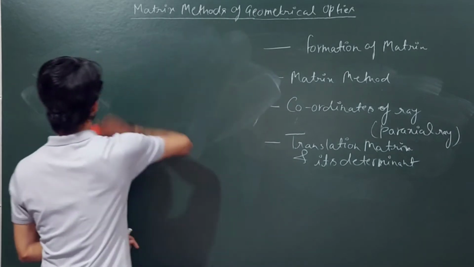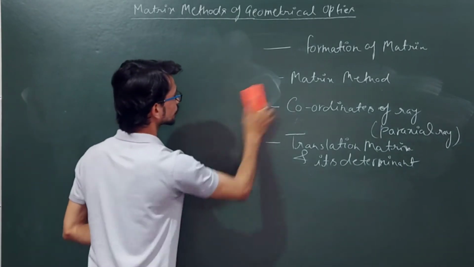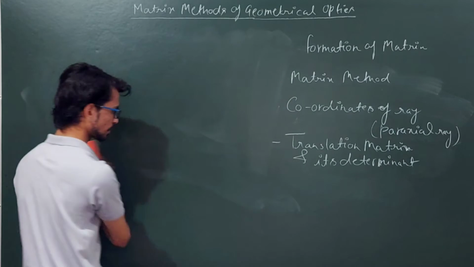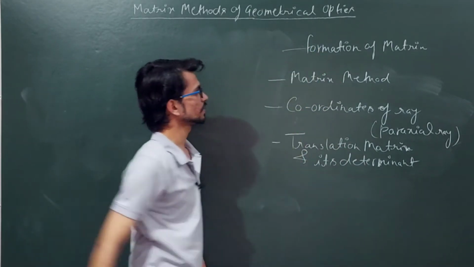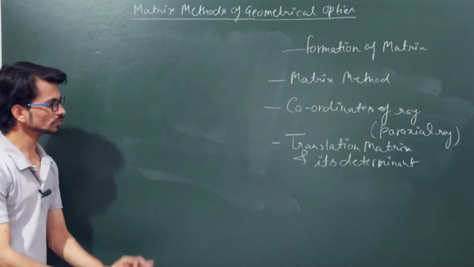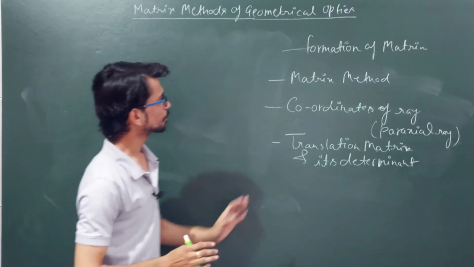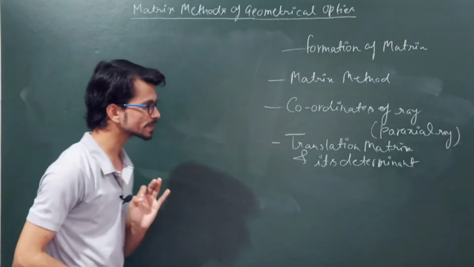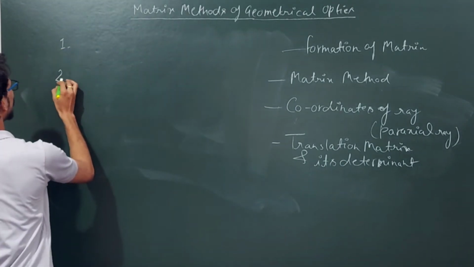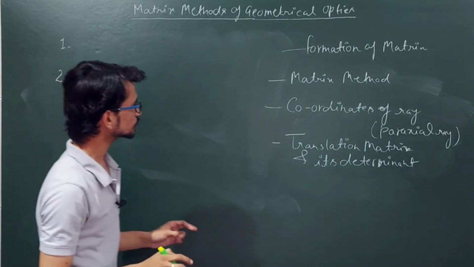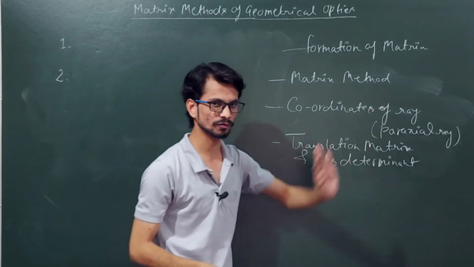First we have to find some coordinates of rays to use the matrix method. So now let us take the first look at the matrix method. For this, you should have two things. Now I am talking about the coordinates of a ray.